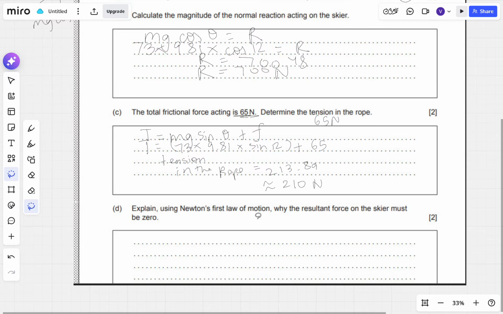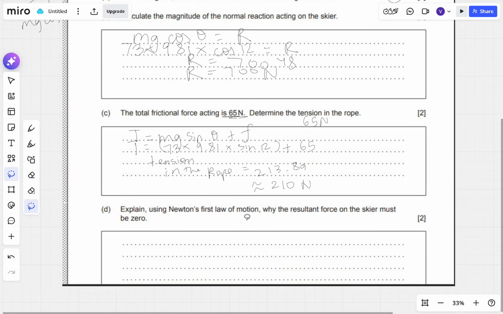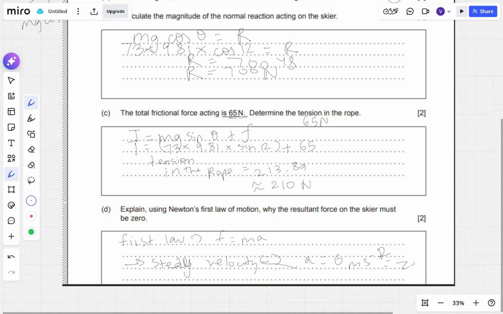Now explain using Newton's first law of motion why the resultant force on the skier must be zero. Okay, over here we have Newton's first law. What does it indicate? Force is the product of mass and acceleration. Because it is traveling at a steady velocity, the acceleration is equal to 0 meters per second squared.